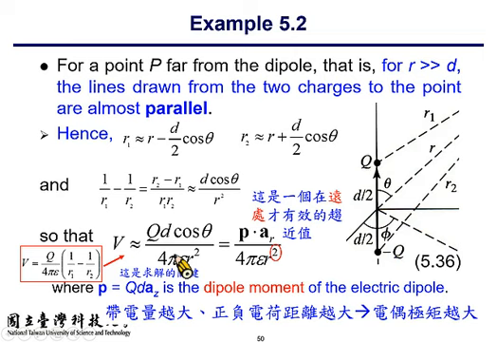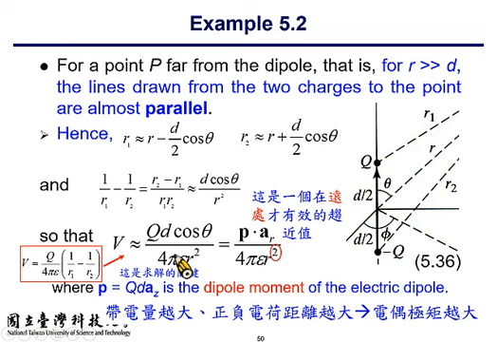We know from this figure that R1 is a little bit shorter than R. What is the difference between the two lines? It can be approximated as the projection of this distance onto this direction, which is d over 2 cosine theta. So R1 is shorter than R by d over 2 times cosine theta.